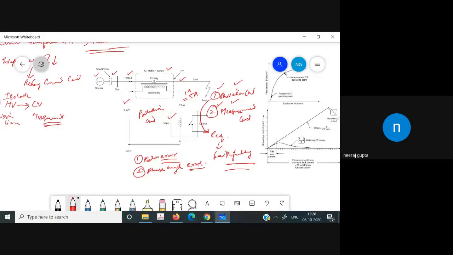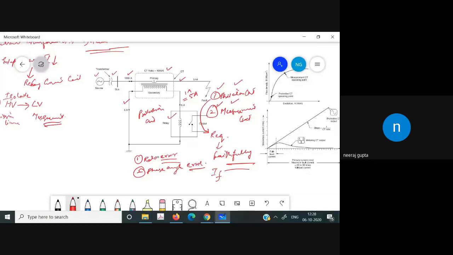That is what it is designed for. So it will faithfully reproduce the largest fault current. Mute your mic, please.